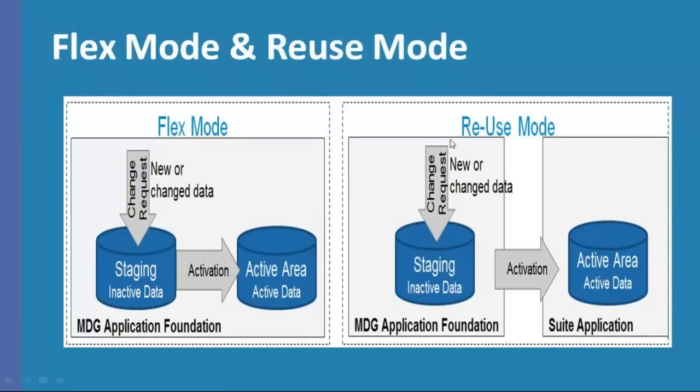Whereas in reuse mode, you create a change request, whether new or changed data, your data goes to the staging table within the MDG application, and after activation it goes to the active area, which is nothing but your ECC application suite, basically the database tables. So those are the two different pictures of reuse mode and flex mode.